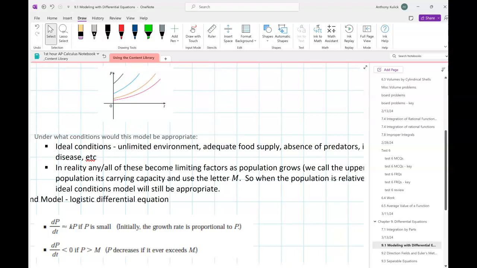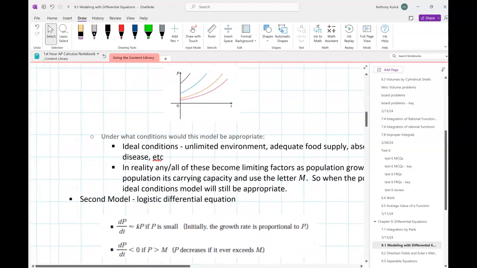There's no more resource to use. You've taken up all the space there is available. Eventually you reach a carrying capacity and it's as much as we can do. Can't get any more because there's just not enough resources to support it or there's too much competition or whatever it is, right?